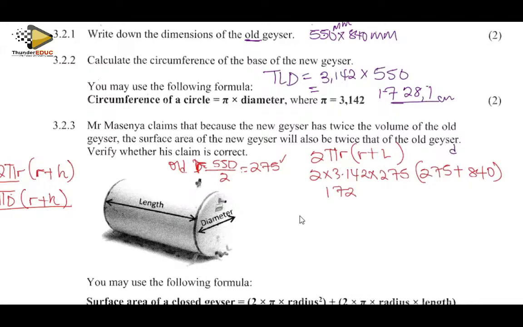This is 1728.1 times... so we get the answer there. We get the answer as this much.